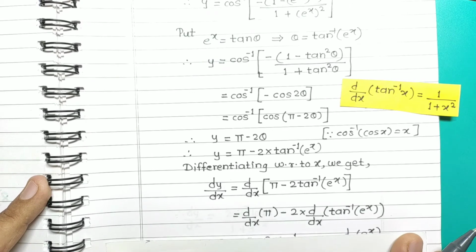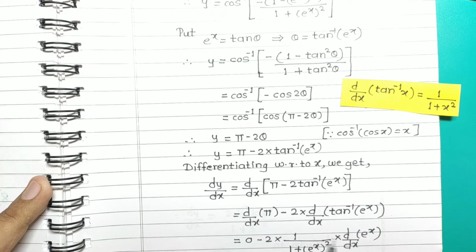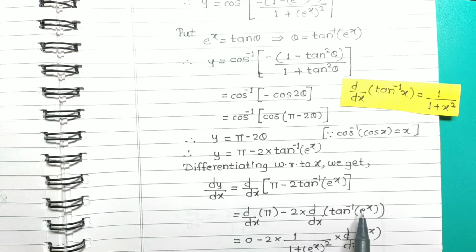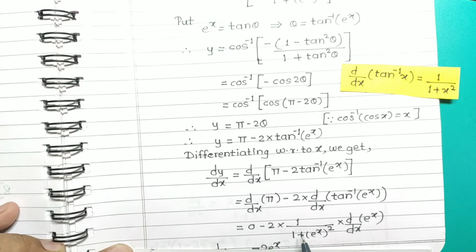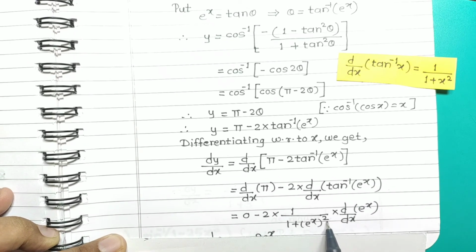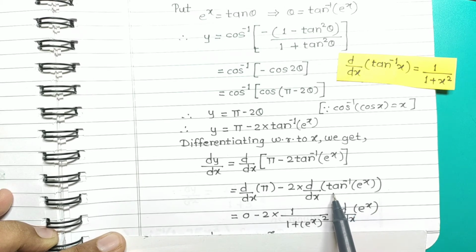So its derivative is 1 upon, see this minus 2 as it is, into derivative of tan inverse of something, it is 1 upon 1 plus something square into derivative of something, and this something function is e raised to x. See here we are using chain rule to find derivative of this composite function.